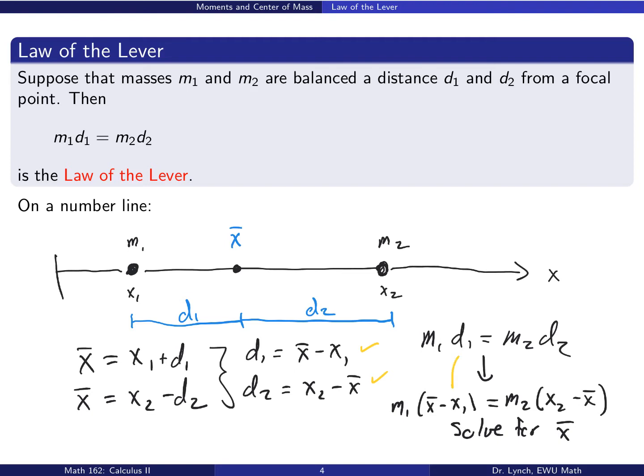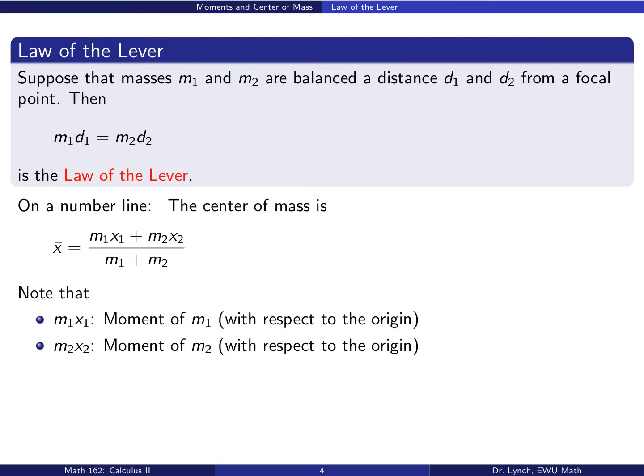When we substitute d1 and d2 in, we can solve this for x bar. And when we do that, we get an equation for x bar in terms of x1, x2, m1, and m2. So here's that equation of the center of mass. It's m1 x1 plus m2 x2, over m1 plus m2.